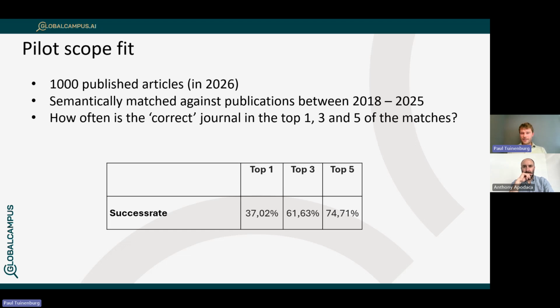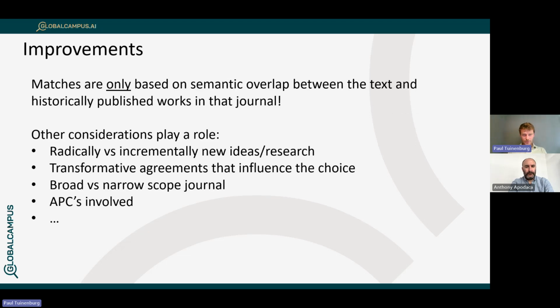And we also realized that semantic overlap with previously published content is not the only way of making a decision. So this is where your suggestion comes into the equation.